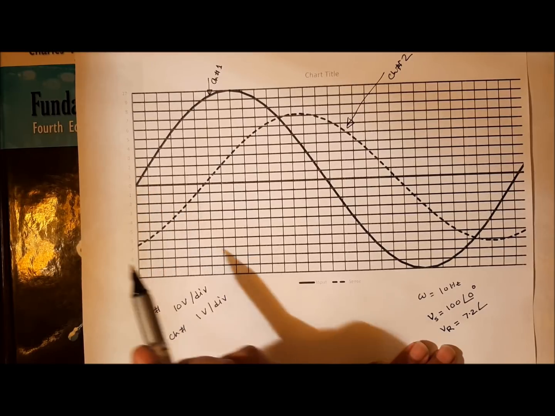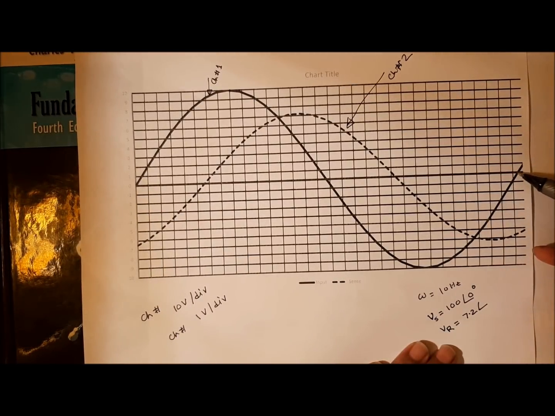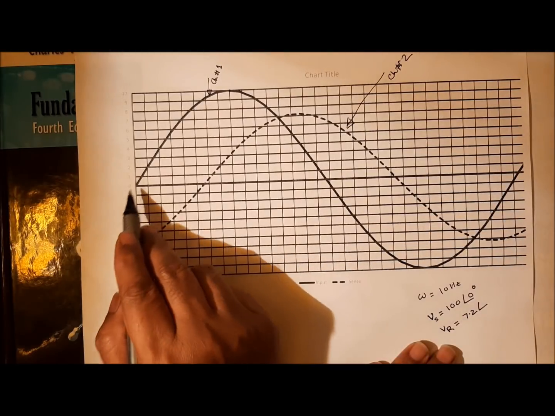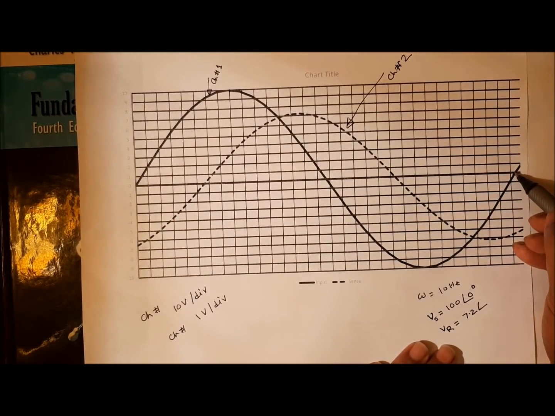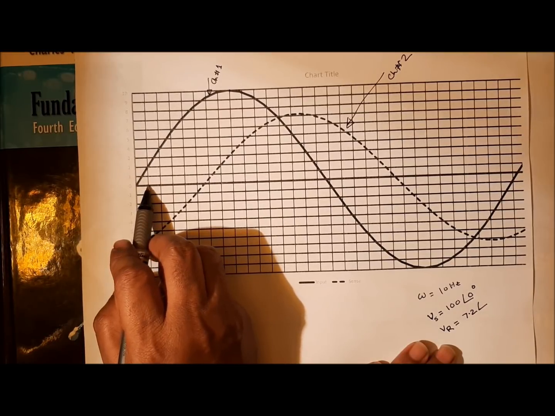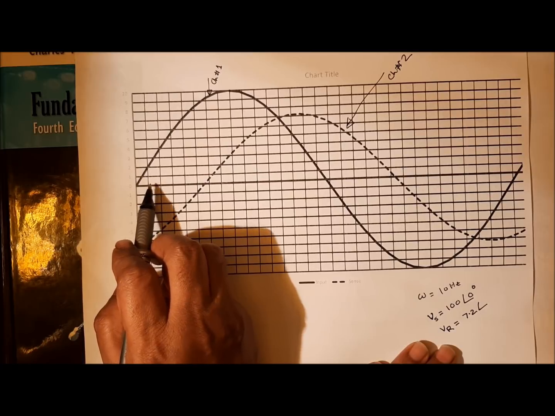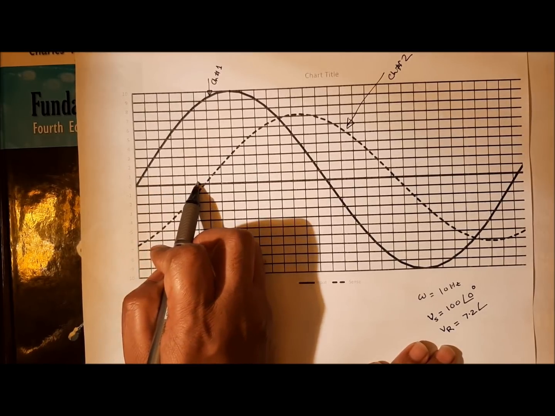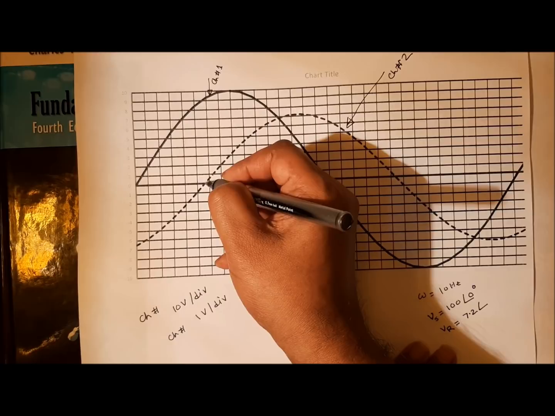You see we have a total of 32 divisions from here to here, and each division is 11.25 degrees. So 1, 2, 3, 4, 5, so 5.6.